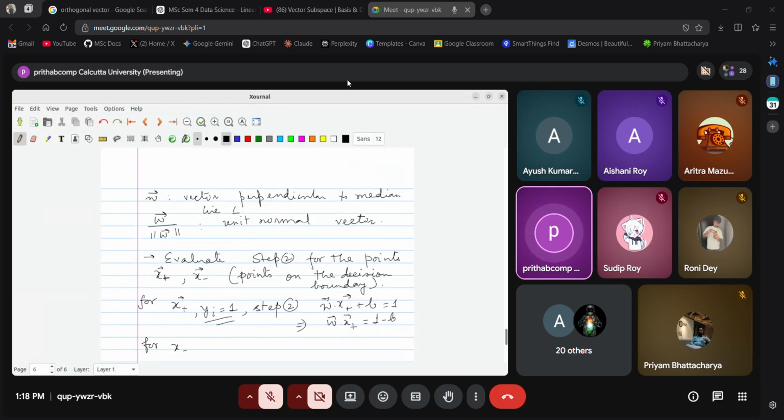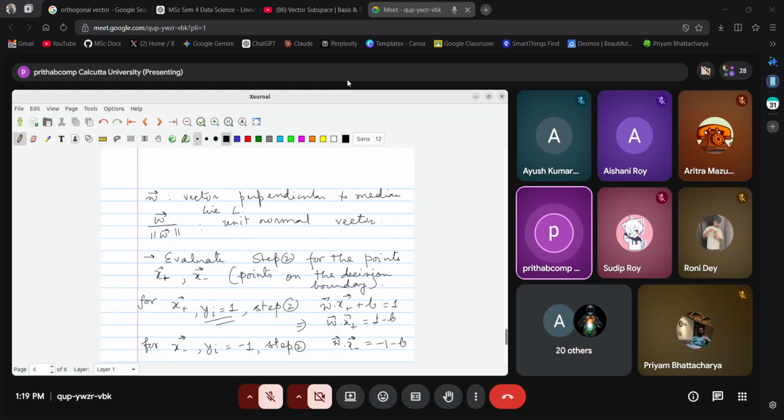Similarly for x minus, for this yi equal to minus 1, step 2 will become w x minus equal to minus 1 minus b, right?